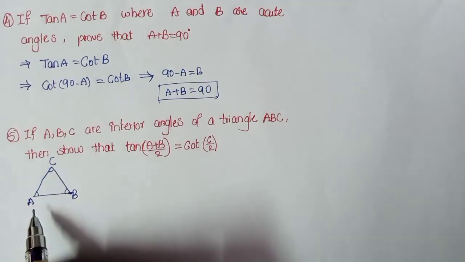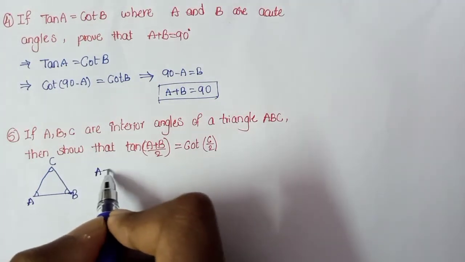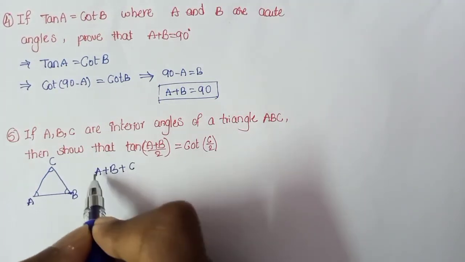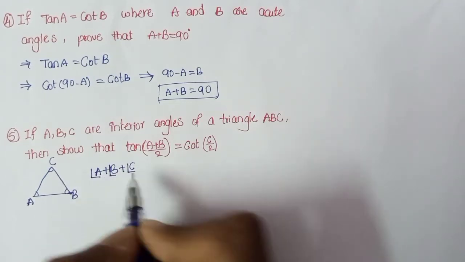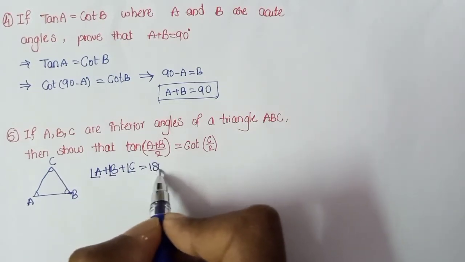We have a relationship that angle A plus angle B plus angle C is equal to 180 degrees.